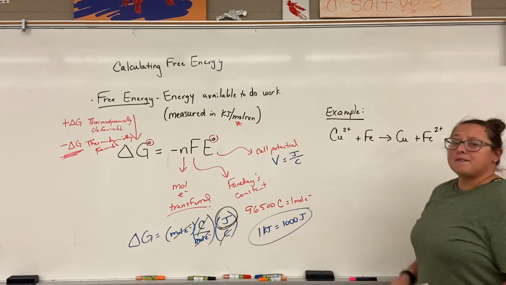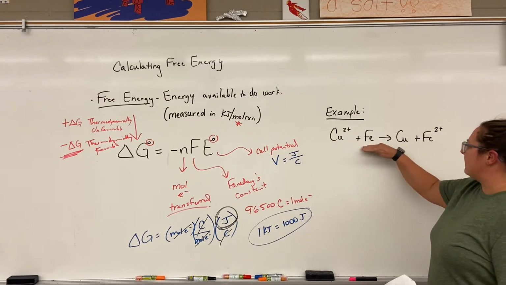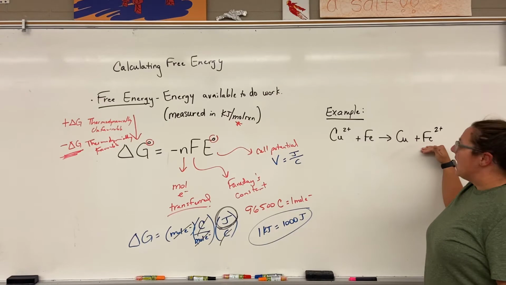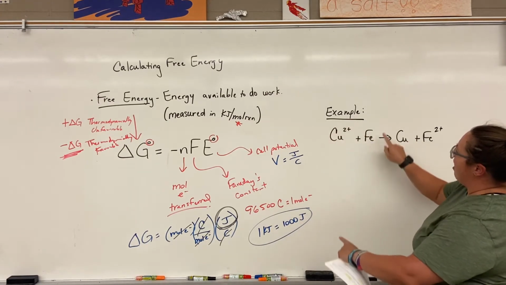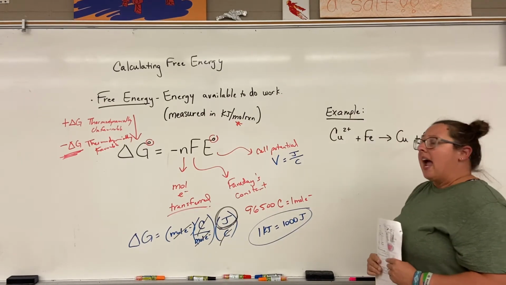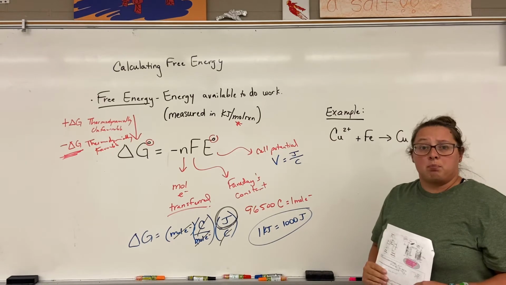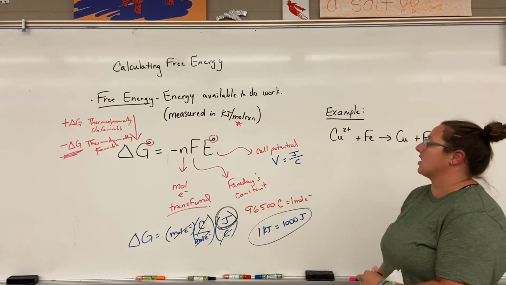So I have to know a couple of things here. First of all, I have to have a balanced reaction. I look here and I notice that my charges on both sides are balanced, so I have a balanced reaction. And just to get some more practice, I want us to be able to write those half reactions.